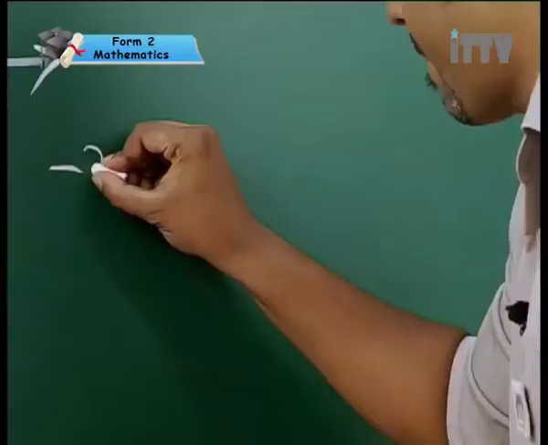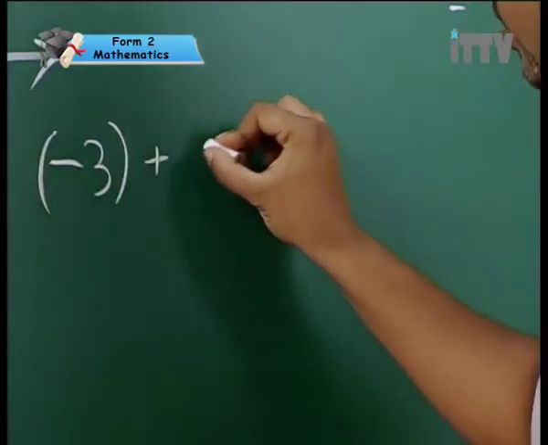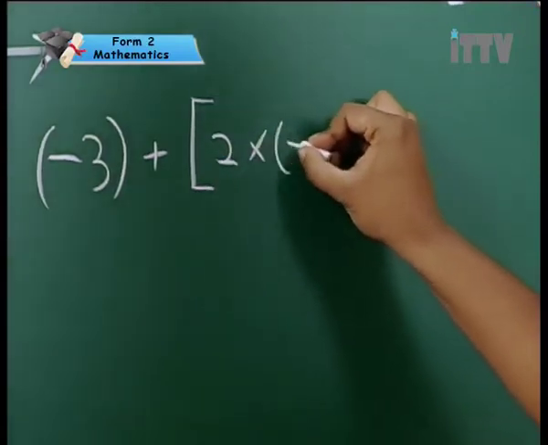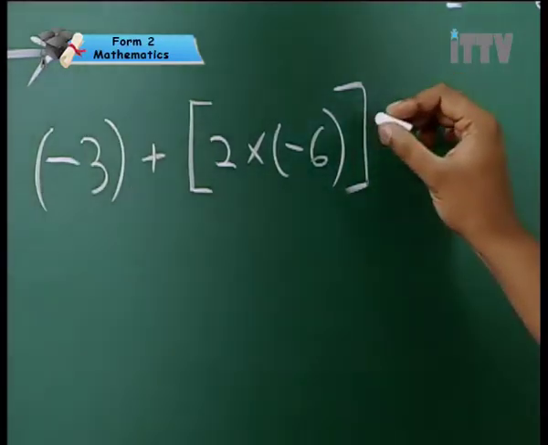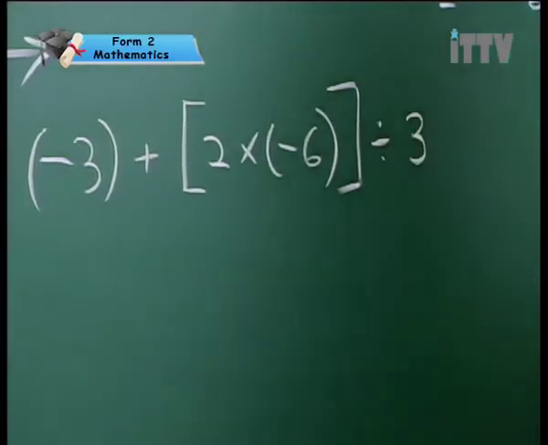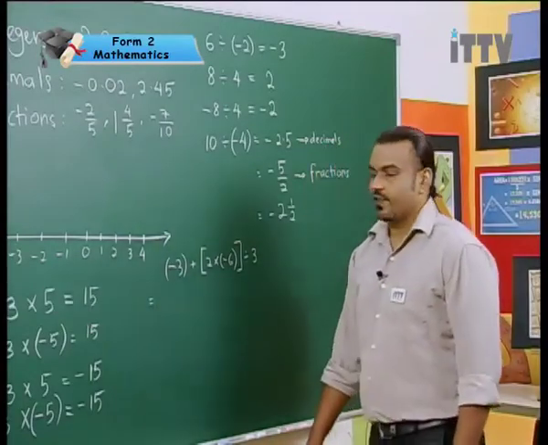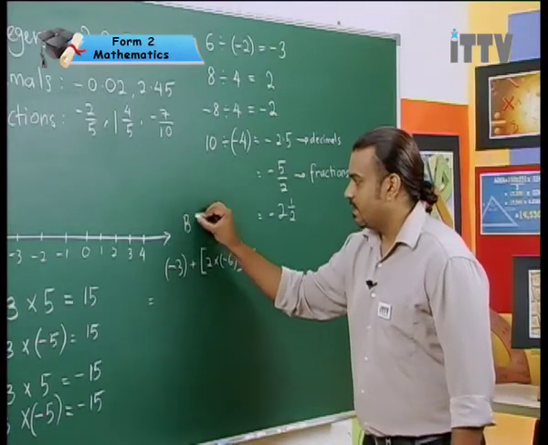Negative 3 in bracket plus box bracket 2 times negative 6 close bracket divided by 3. Okay, in order to carry out this, we always have to remember a certain rule called the BODMAS principle.